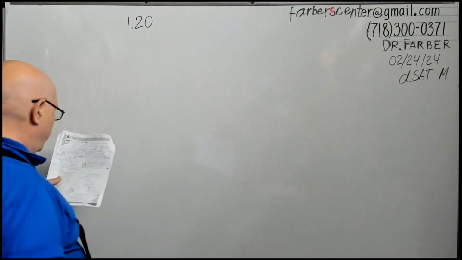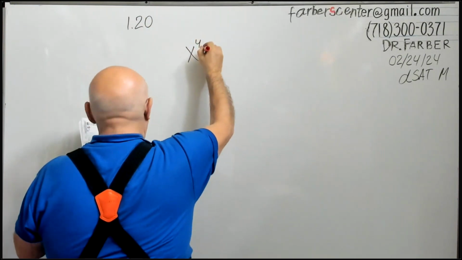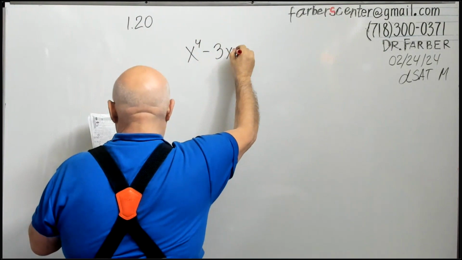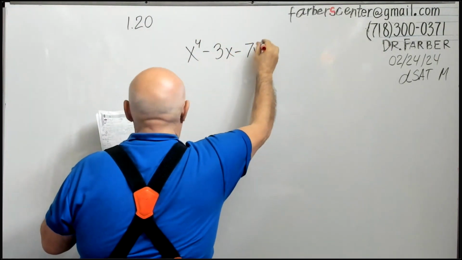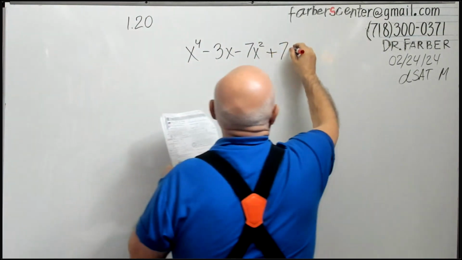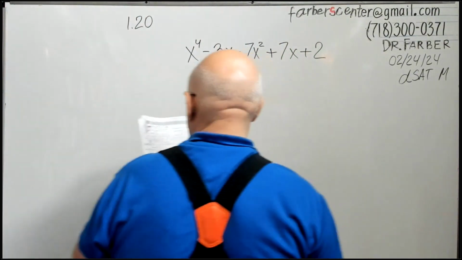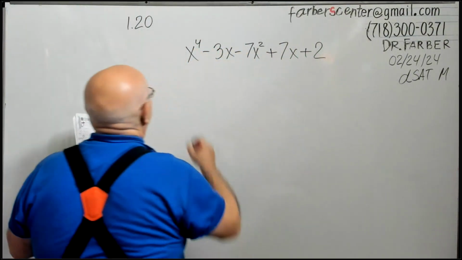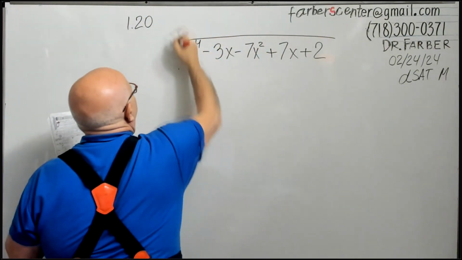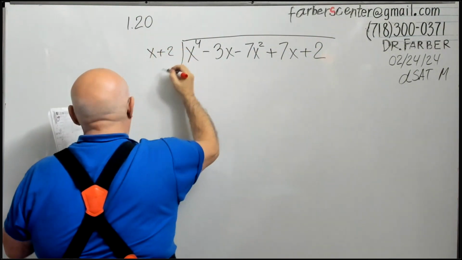When the polynomial, and you have polynomial x to the fourth minus 3x cubed minus 7x squared plus 7x plus 2 is divided by x plus 2, x plus 2.